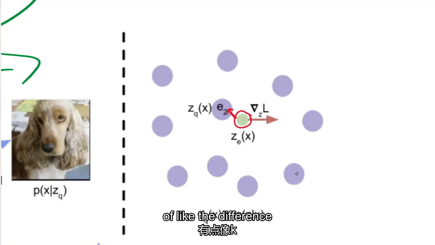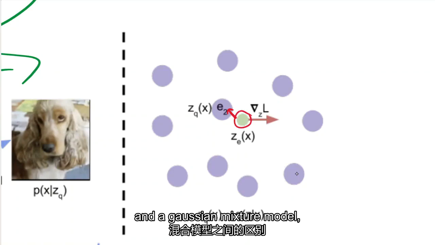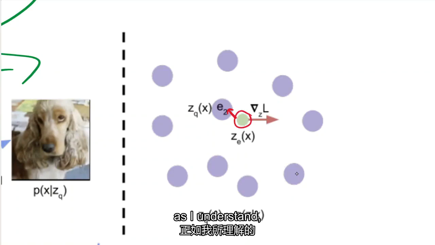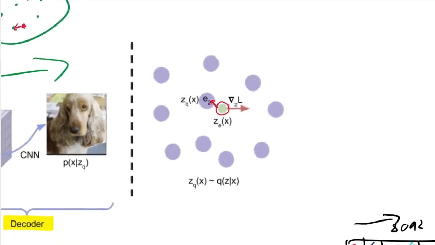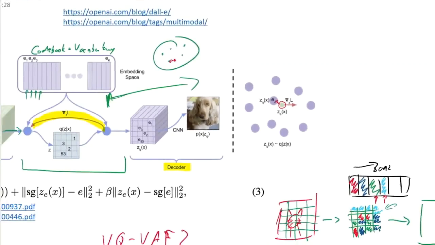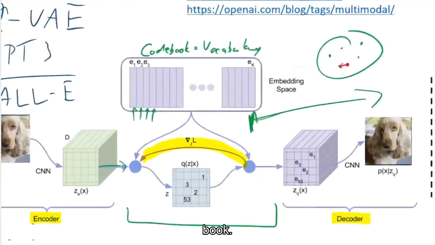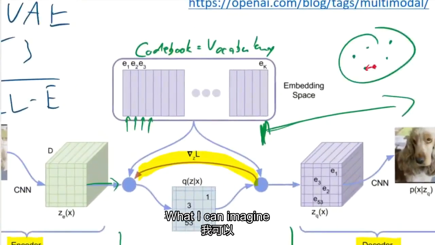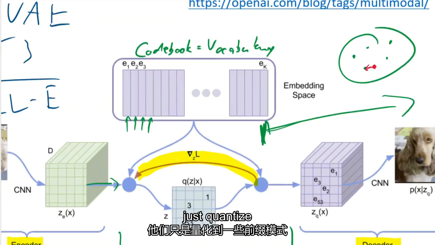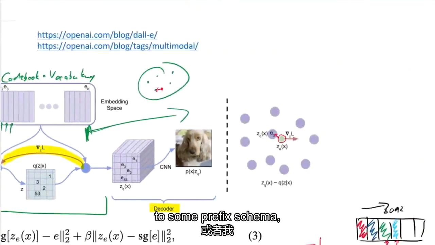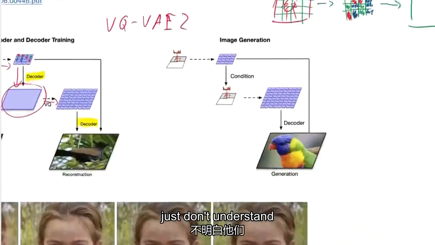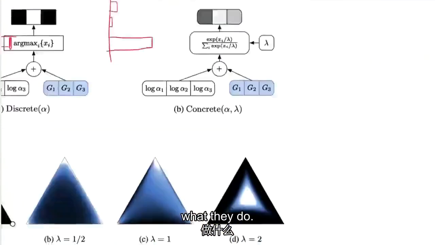It's sort of like the difference between k-nearest neighbor and a Gaussian mixture model, as I understand. Not what they do here, but it's analogous to that. And with that, they don't need an explicit code book, and I don't know what that means. What I can imagine is that they don't actually train the code book vectors. Maybe they just quantize to some prefixed schema, or I just don't understand what they do.